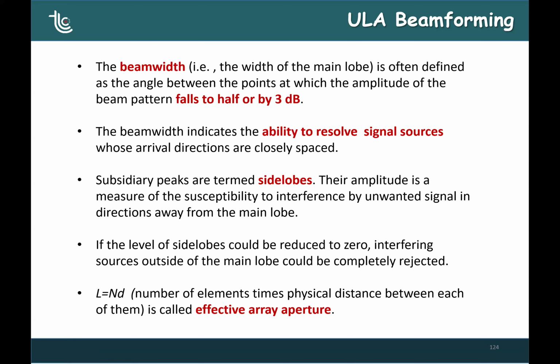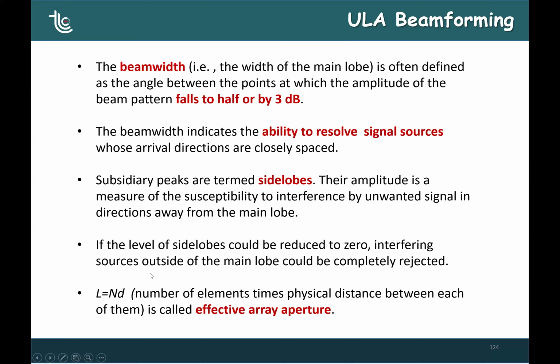Then there are other peaks that are called side lobes. If these side lobes are very high, then it is possible that interfering signals, unwanted signals, can enter into the signal that is being processed by the antenna, and then we have an interference.